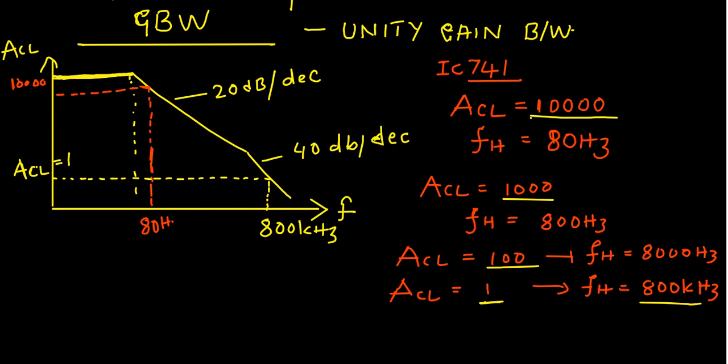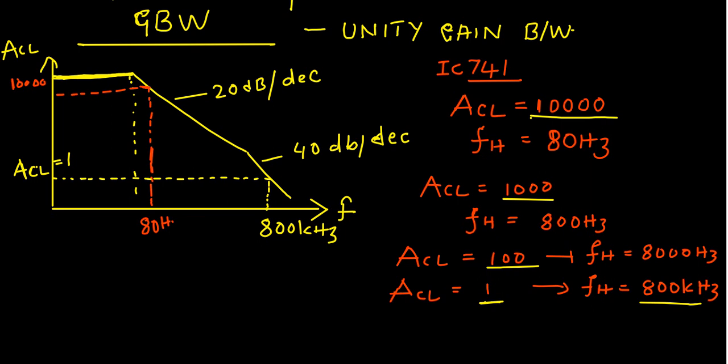And this gain bandwidth product is also equal to the unity gain frequency. The unity gain frequency in this particular case is 800 kilohertz. So this is one important point to be noted.